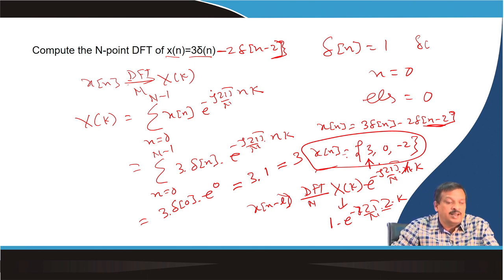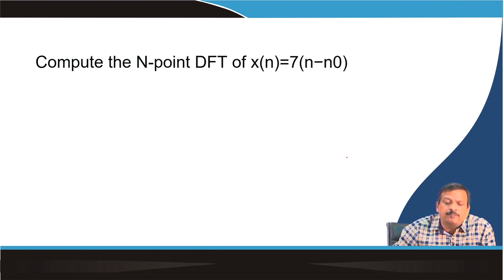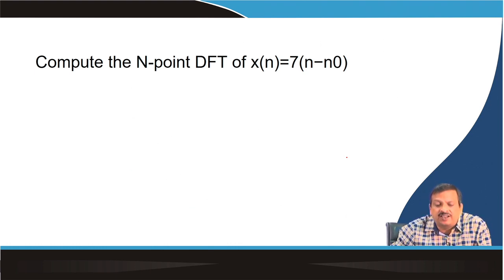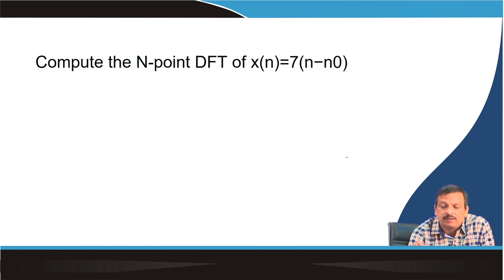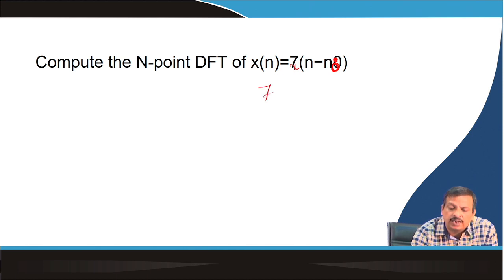Okay. Let us say another: compute the N-point DFT of x of n equal to 7 into x of n minus n0.